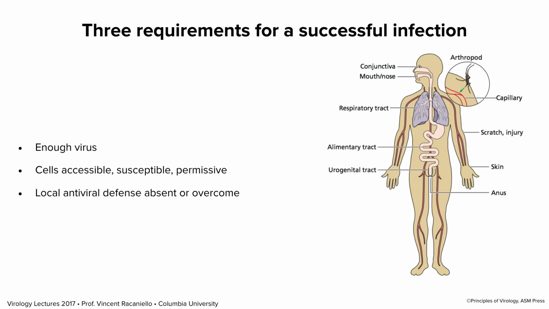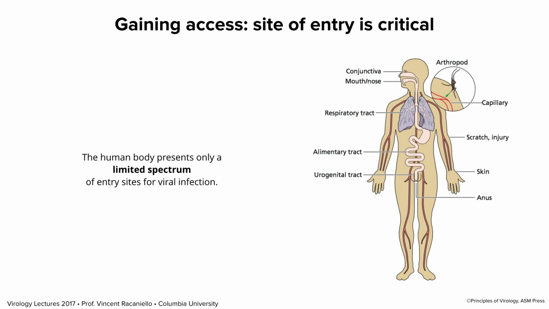And in addition, the third requirement is that the local antiviral defenses either have to not be there, which happens sometimes, or they're overcome by virus replication. So we're constantly assaulted with viruses, and our immune systems do pretty well at handling most of them. But in some cases, they're overcome and illness results. And we'll talk about that in the remainder of this course.